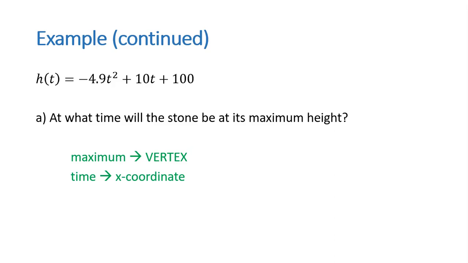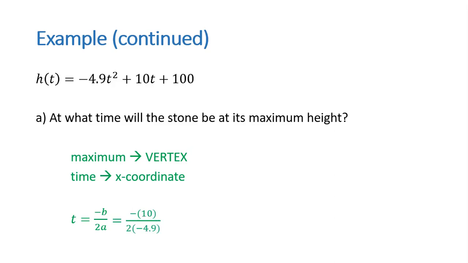Well, because our function's in standard form, we can't immediately find the vertex from it. However, we have a formula that allows us to determine it. So the x-coordinate is going to be negative b over 2a. So we just plug in our particular values for a and b. In this case, b is 10 and a is negative 4.9.